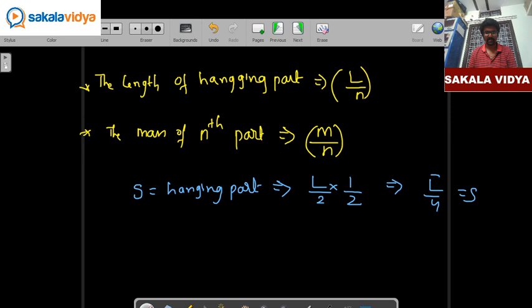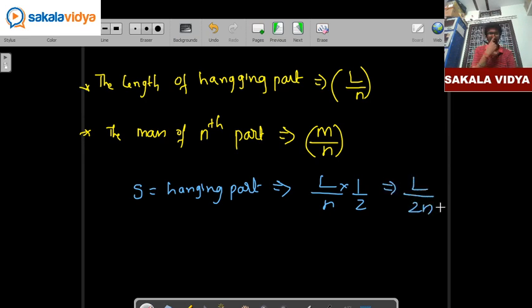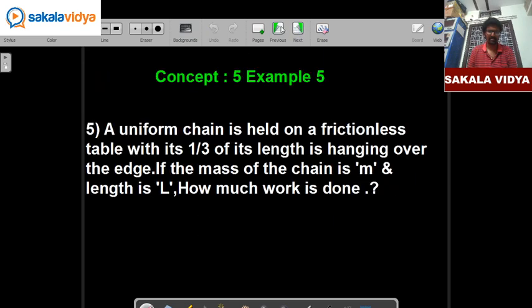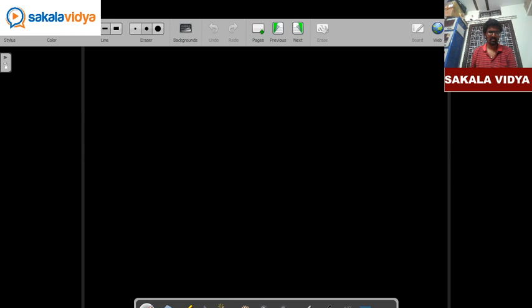Initially it is L by n into 1 by 2, then it becomes L by 2n. So what do we have to find here? Work done. Work done will be m into g into displacement.